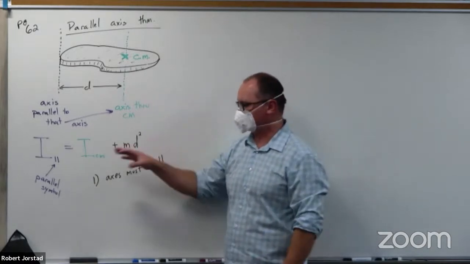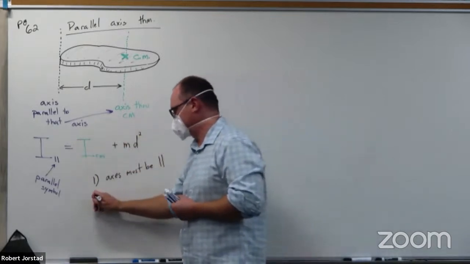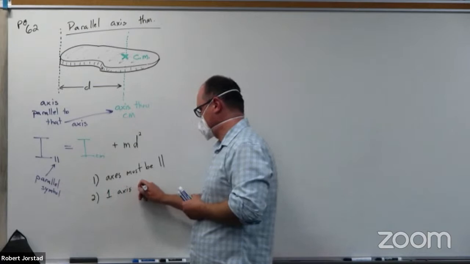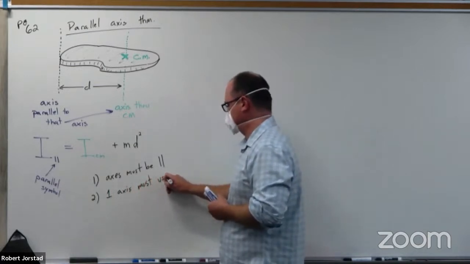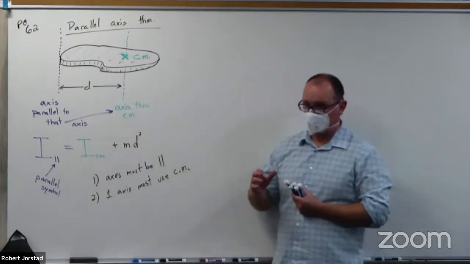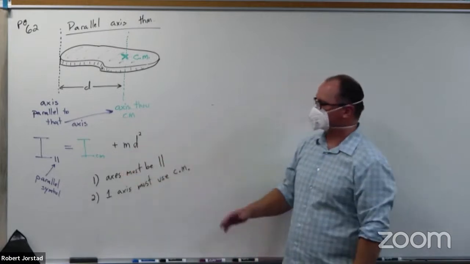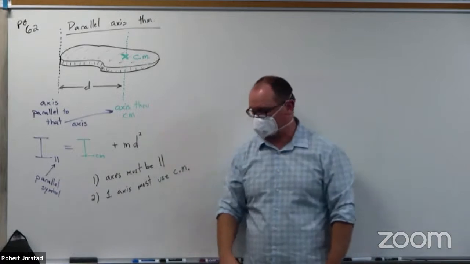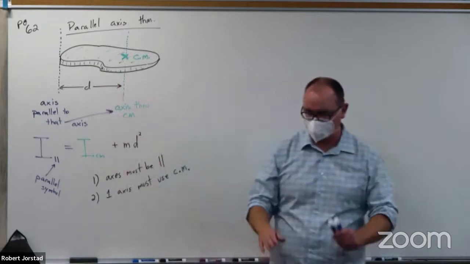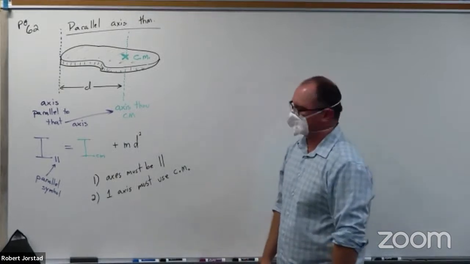Two, one axis must use center of mass. Sometimes people will grab the left end of the rod problem out of the table and then screw it all up. You have to use everything to the center of mass, right? So it has to be one axis to the center of mass and the other axis parallel to it. If you can't get both of those conditions met, don't use it. All right?